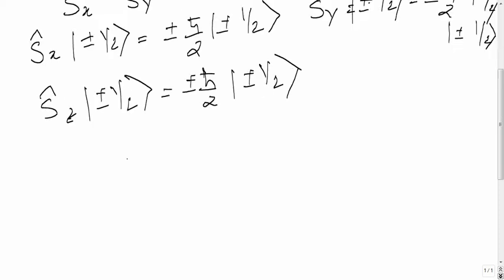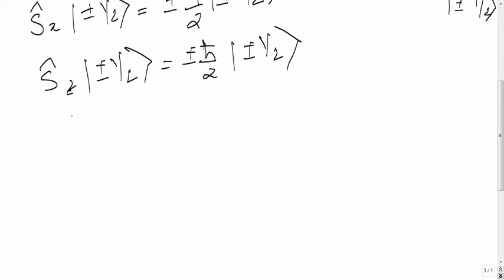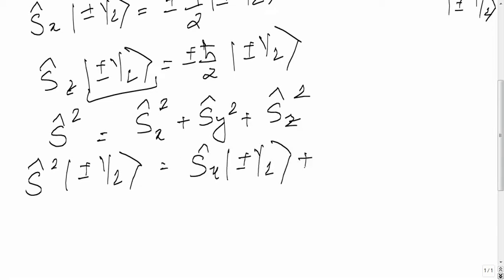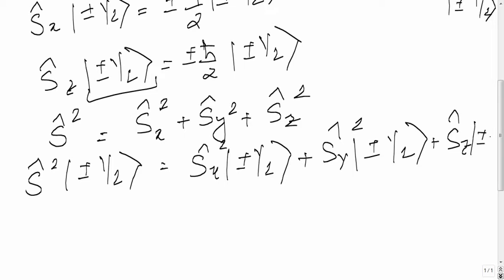So this will help us to evaluate the effect of the S squared operator on these states. We know that the S squared operator is defined like this. The effect of the S squared operator on this state, Sx squared plus Sy squared plus Sz squared, would be equal to this whole squared on plus minus half.